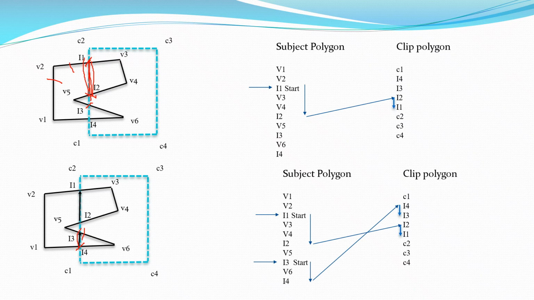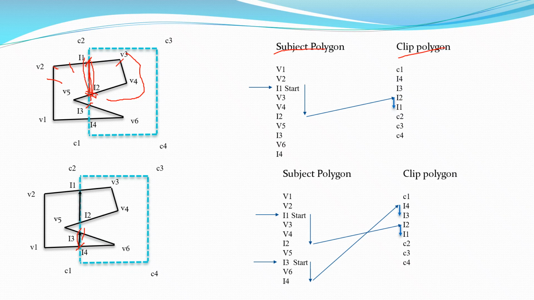This is how the Weiler Atherton algorithm works. It's so simple, and the main thing is you have to maintain the subject polygon and the clipping polygon. When you check the intersection points, whichever edge is entering the clipping window, we have to take it as a starting point, and the remaining vertices continue until where it ends, right?